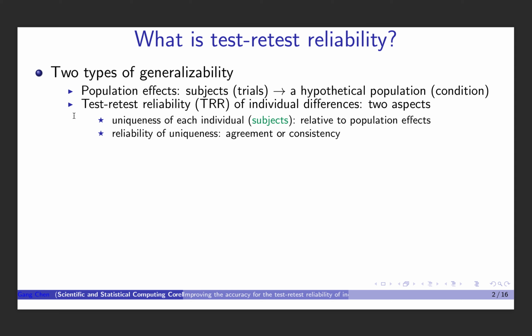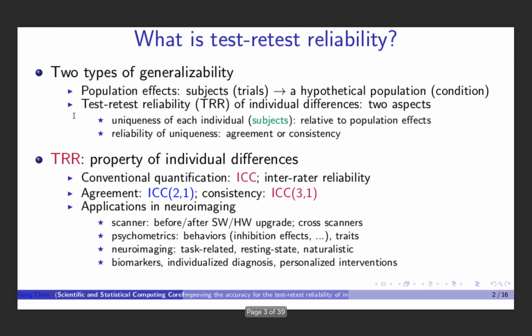But we hope the subjects' responses are consistent, in the sense that if we repeat the measurement, they would show a similar pattern. For those subjects who respond stronger, when we repeat, we would see similar patterns. That's what we call reliability. Sometimes we call it agreement, sometimes consistency.